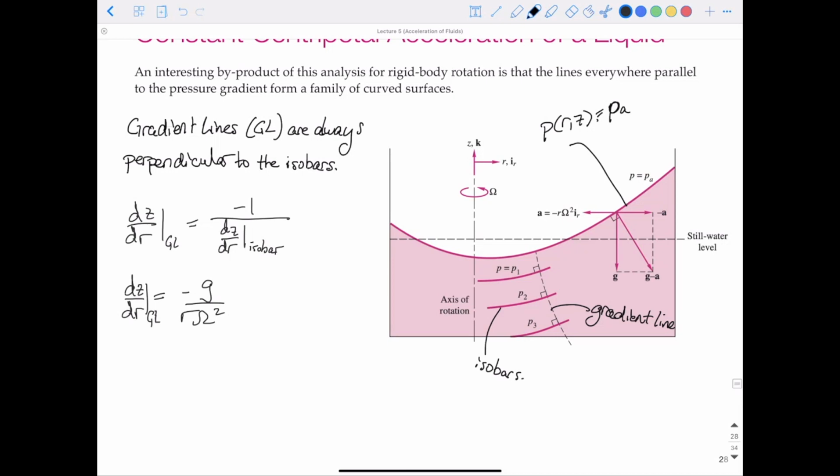Then if we integrate this, we can get a function for our gradient lines: some integration constant C1 times the exponential of negative omega squared z over g. So this is our gradient line.